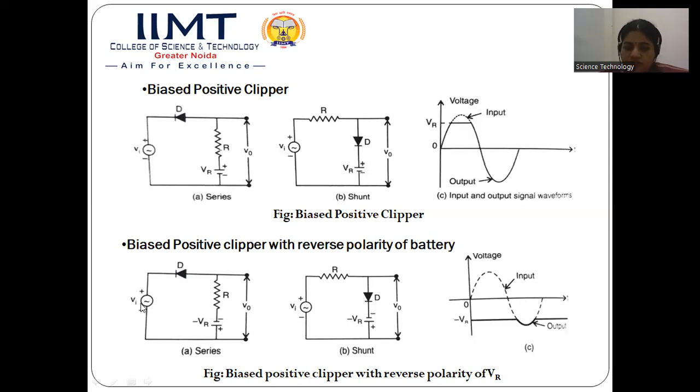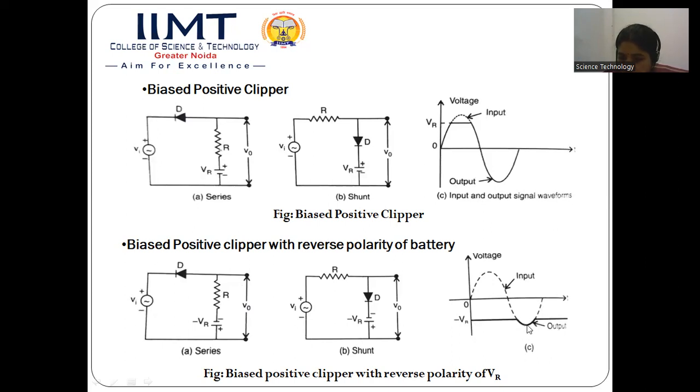Whenever the input voltage exceeds this battery voltage, then this diode will become forward biased. Once it is forward biased, the current will start to flow in this circuit, and we will be getting the output across the resistance R. So once Vi has exceeded this value minus VR, we will be getting the output.